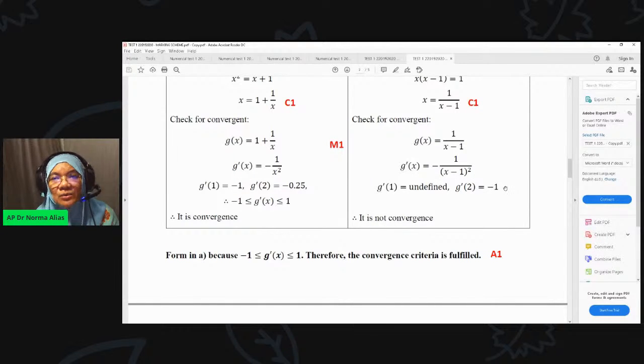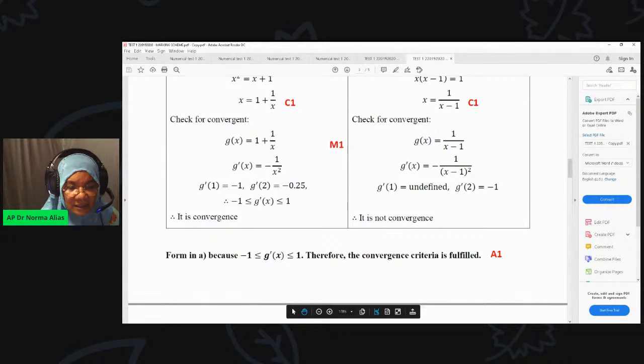G prime x equal to -1 is okay, but this one is not defined. So one converges, one does not converge. So which g do you want? The g that you want is g equal to 1 plus 1 over x. So you are going to generate the iteration based on this g.